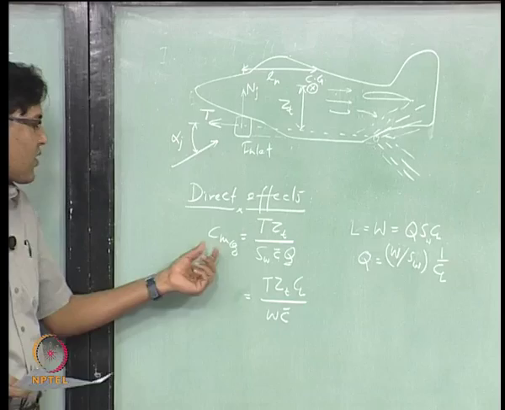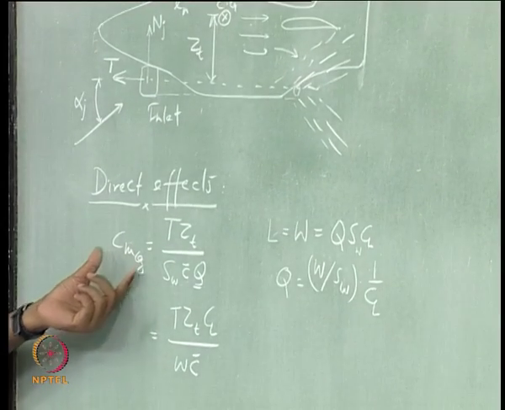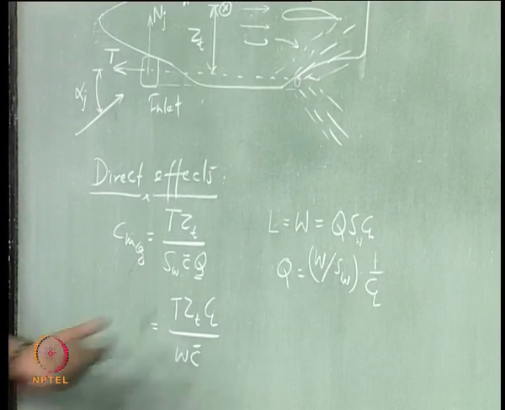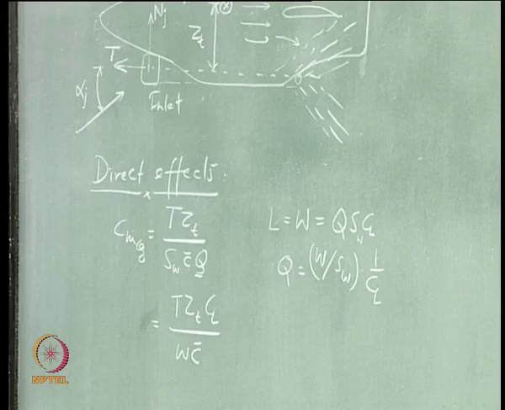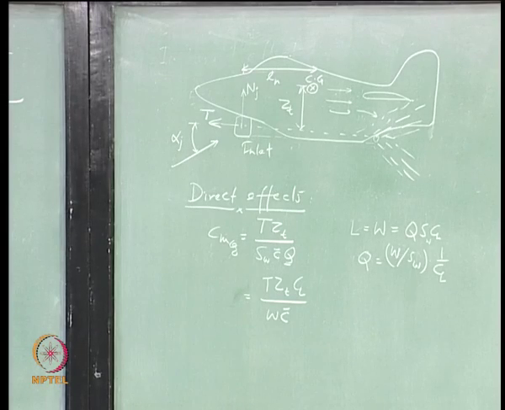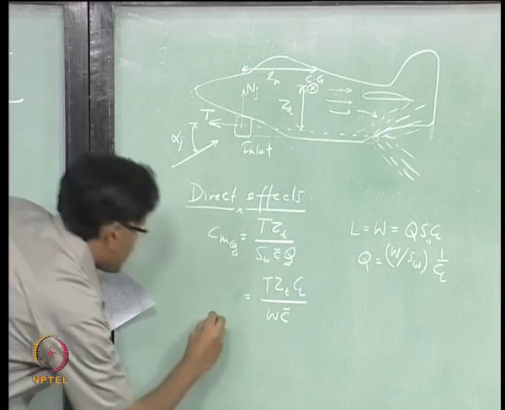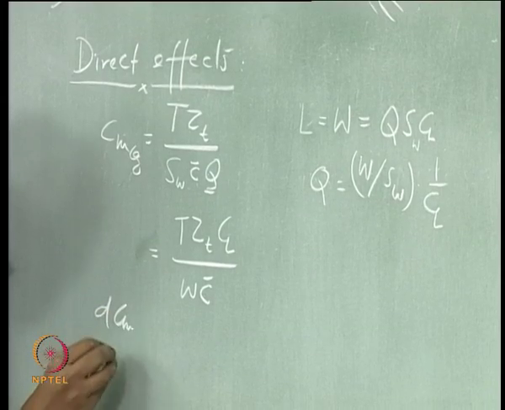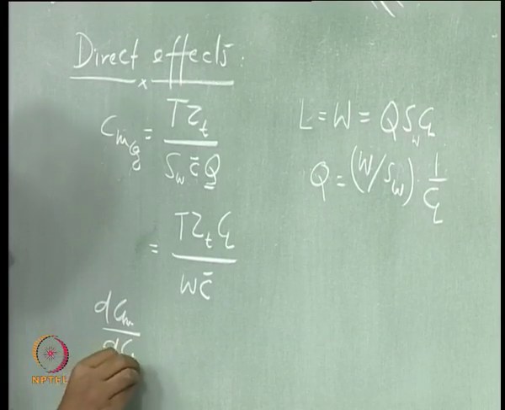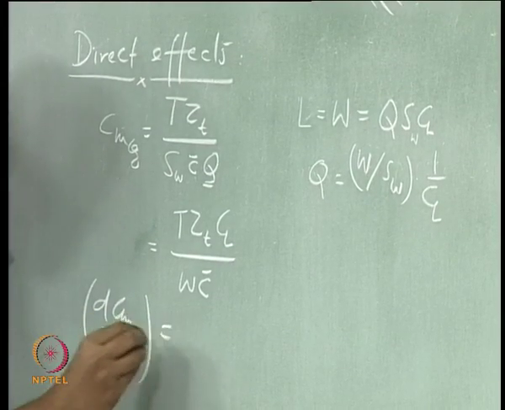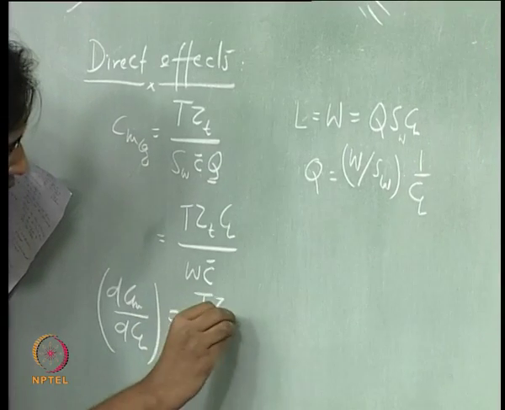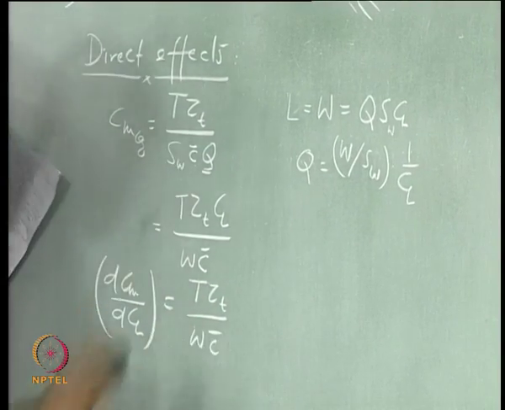What I want to find out is the derivative of this with respect to the CL, isn't it? That is what is going to give me information about the stability. So dCm over dCL is what? This.